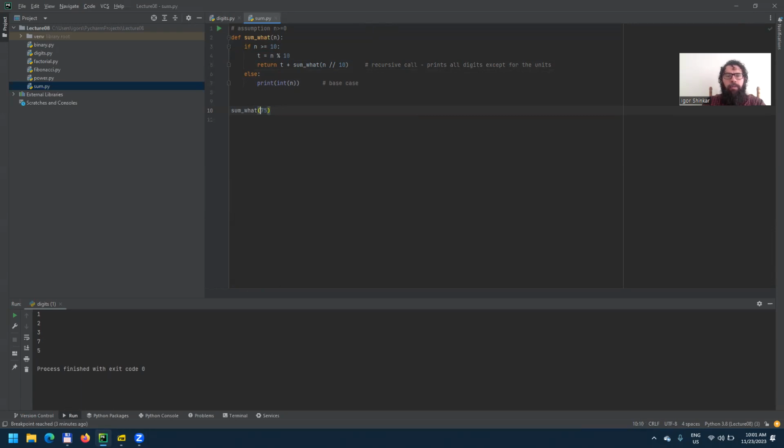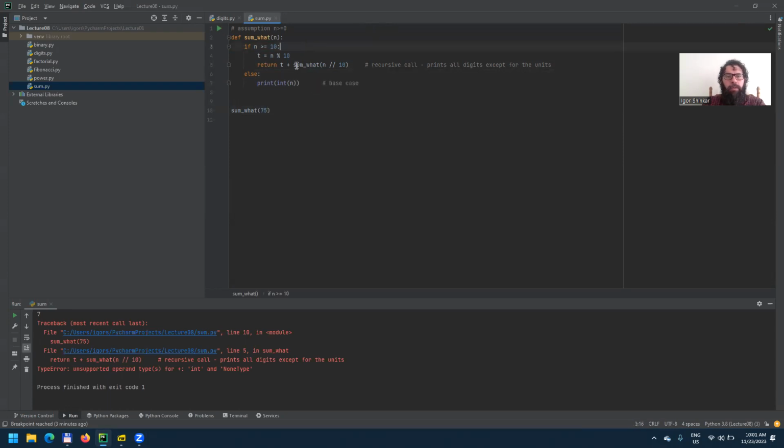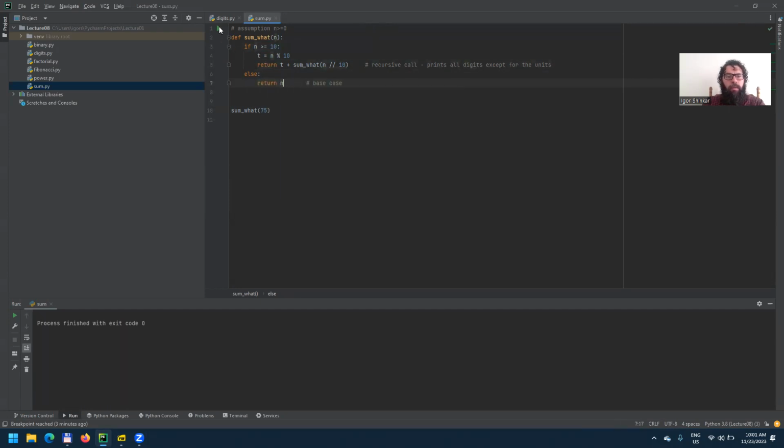Maybe we'll run it on a smaller example, like 75. Oh no, something went wrong. Let me see what. Oh, it doesn't print. We need to return n. And here we want to print the sum. Okay, so here it printed 12. If we do 7125, it will print 15.